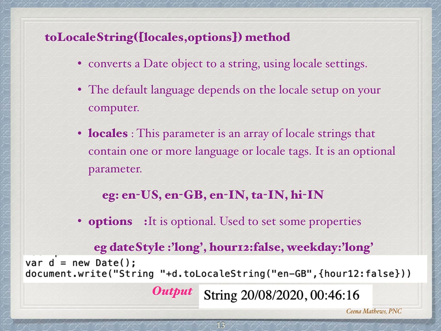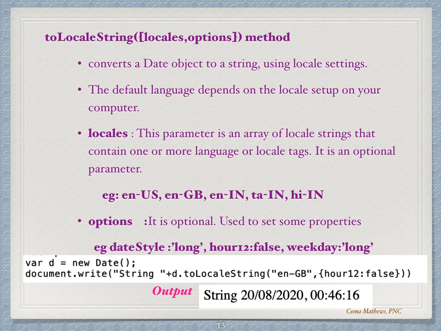Next is about the options parameter. As in the case of locales, this is also an optional parameter, and it can be used to set some properties. These are only some of them; I have included only a few. dateStyle is one such option, followed by a colon, and within single quotes you give the value.